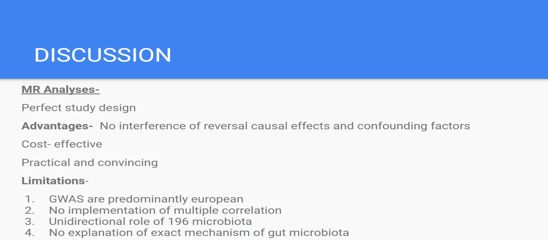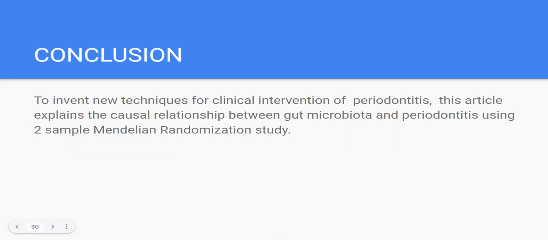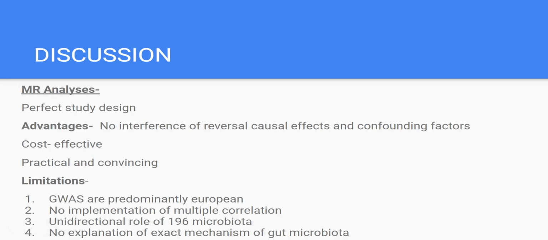So it was only one directional, that is towards the periodontitis. And the fourth one is no explanation of the exact mechanism of gut microbiota, because they didn't explain in much detail how they work and how they affect periodontitis. So these were some limitations.